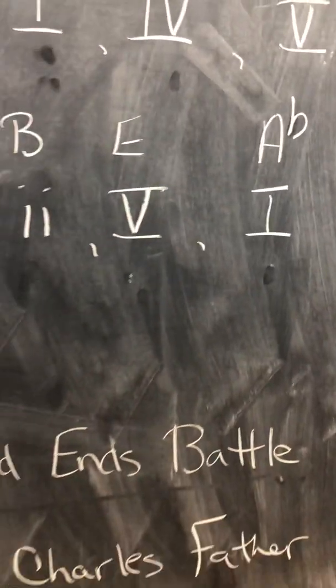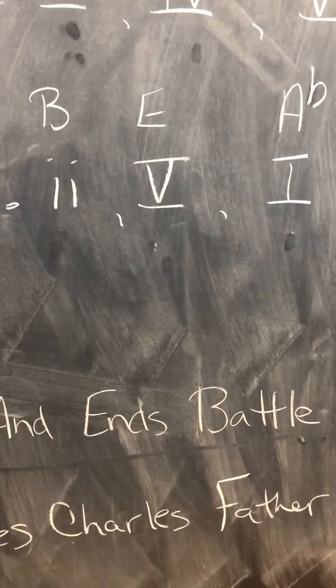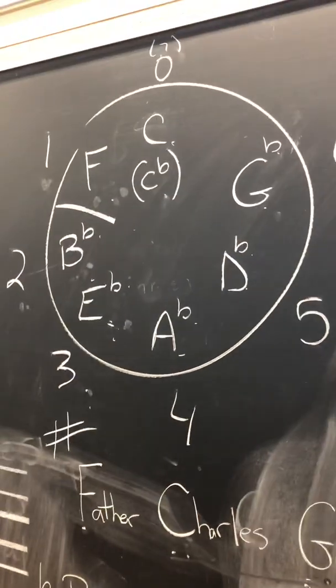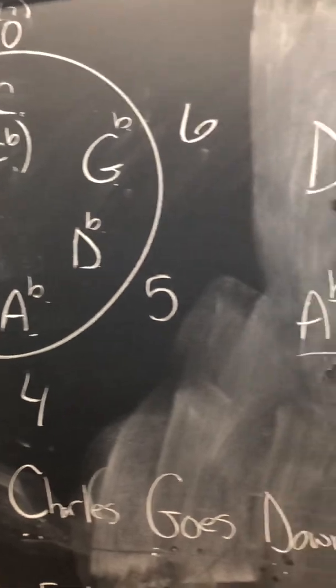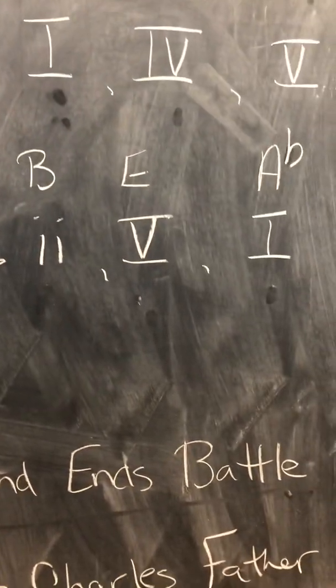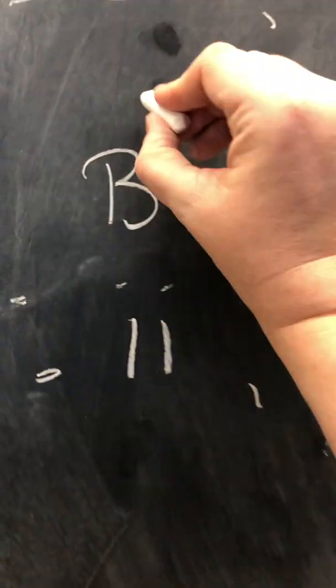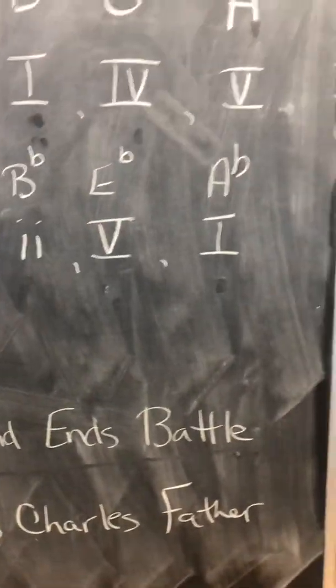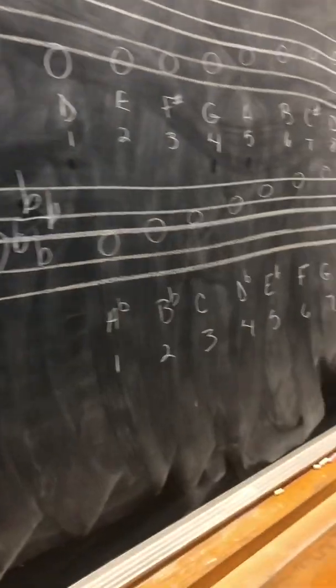There's one extra step we need to do. Because the key of A flat, according to our circles, has 4 flats, B, E, A, and D, we need to make sure that those have a flat, and they have them in the scale as well.